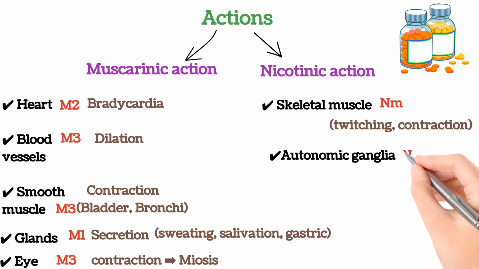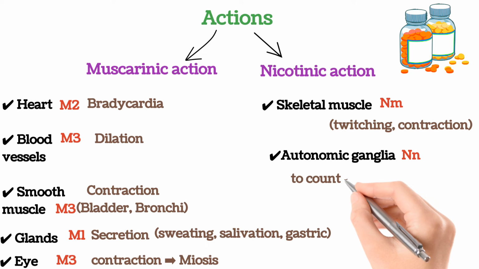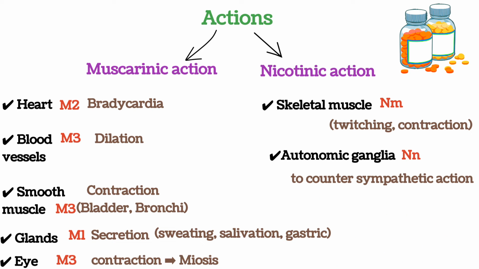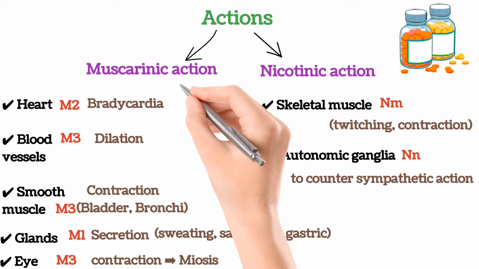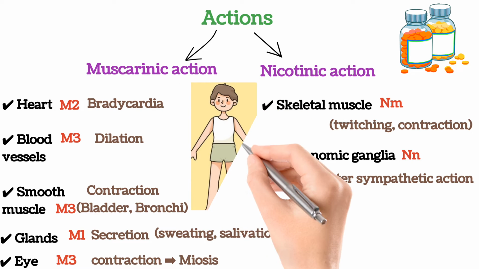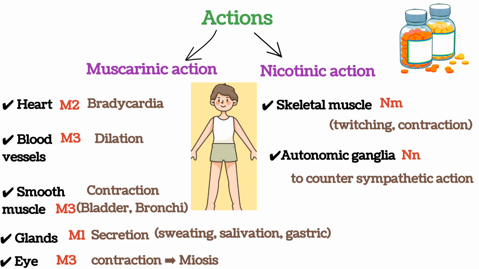And in the autonomic ganglia, it will counter the sympathetic action, meaning it will bring sympathomimetic action by acting on the different neurons, the autonomic ganglia. So this we can consider as our body, which we had divided into three parts.